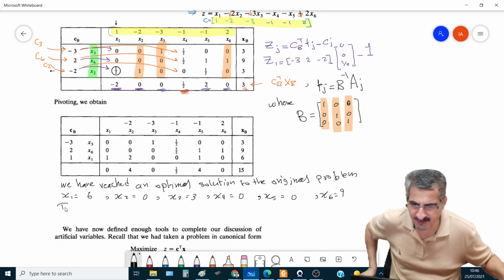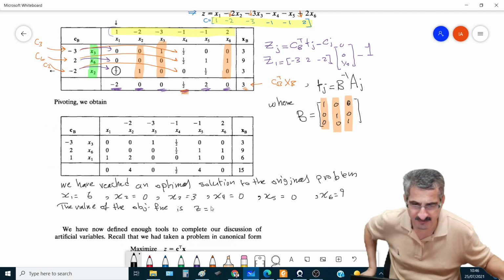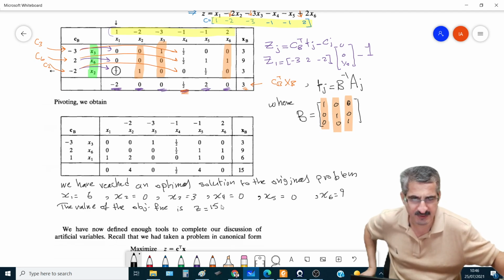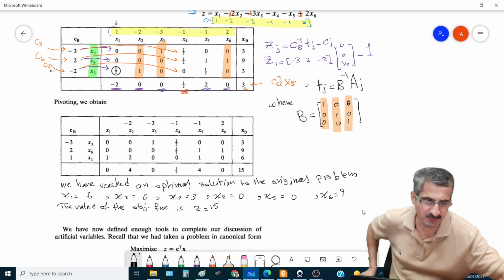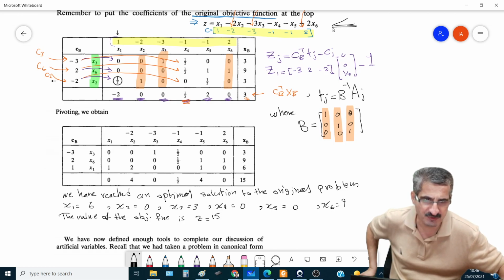The value of the objective function is z equals what? 15. And how do we compute that? We go back to the formula here. We just substitute these values.